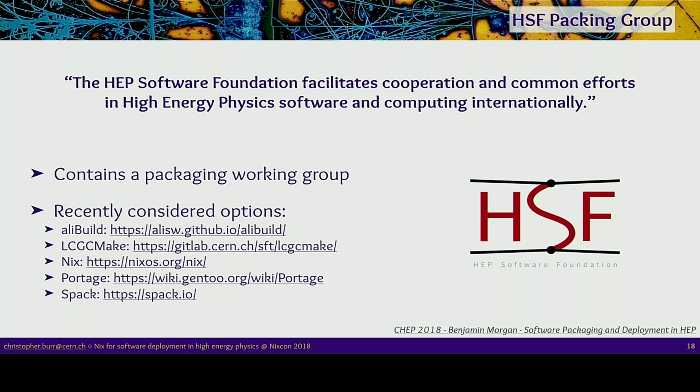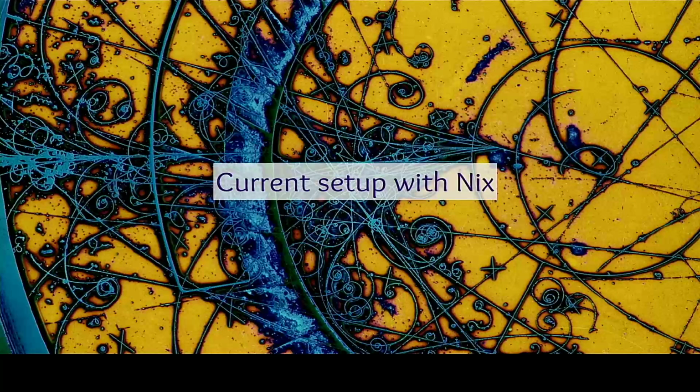The ones that have been spoken about most recently: there are two that have been developed within high energy physics, AliBuild and LCG CMake. There's Spack, which is used in high performance computing centers and supercomputers, and then there's Nix and Portage, which have been looked at by various people, Nix being me, and hence why I'm here.